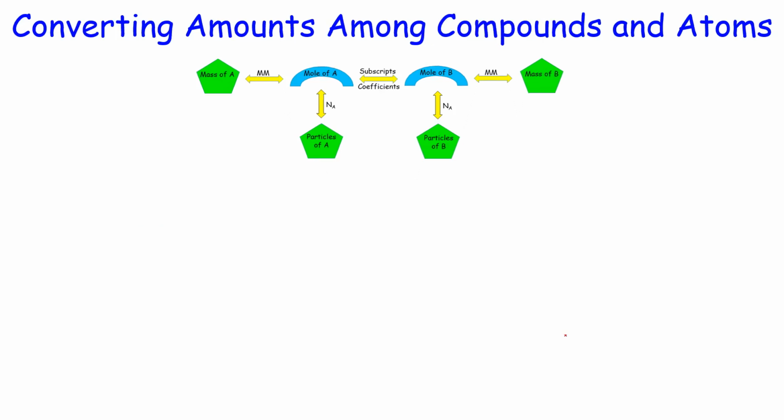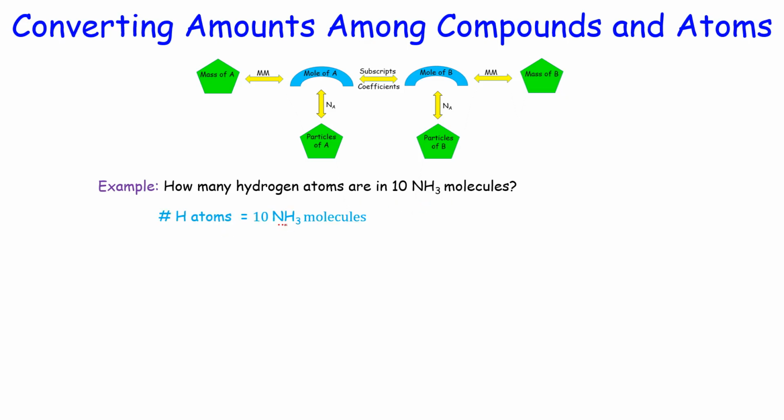Another example. How many hydrogen atoms are in 10 ammonia molecules? Okay, so we start from 10 ammonia molecules, and we need to convert from ammonia molecules to hydrogen atoms.